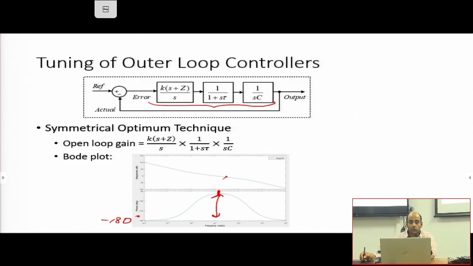Yes? So basically our objective now is to control the margin or the reserve available with us, and to align the frequency at which the maximum phase is available with the gain crossover frequency. How do we do that? We have these two variables, K and Z. By playing with these we can do it.